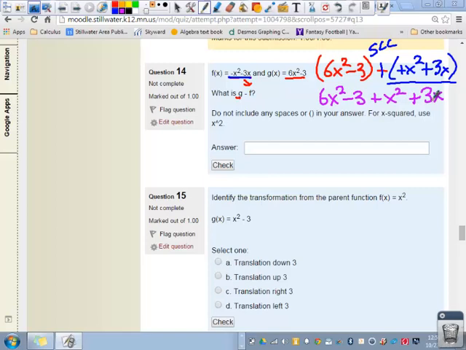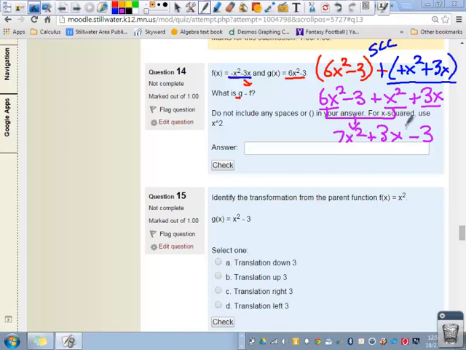Now it's about combining like terms. And when I say like terms, you're going to look for terms that have variables with the same exponents. So I got this x squared and this x squared. I'm going to bring those together. That's going to create 7x squared. This negative 3 doesn't go with anything else, so I'm going to put that right here. And this 3x doesn't go with anything else, so I'm going to put that right here. The reason I rearranged them: you got to put them in order by power.